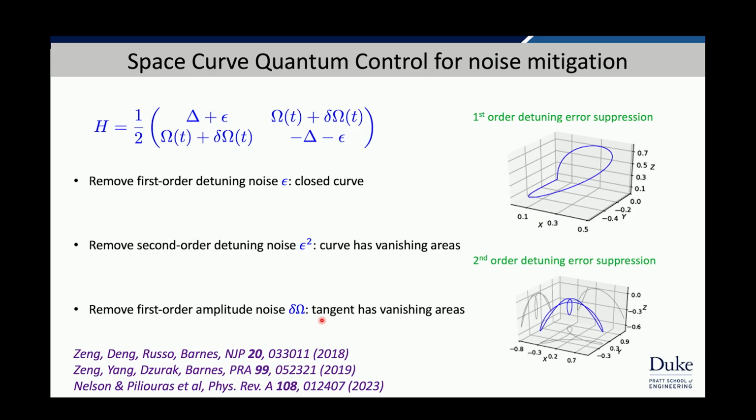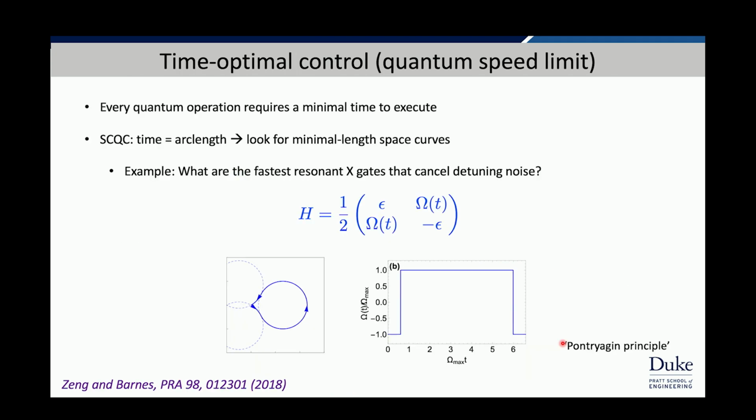And then in this most recent paper, you can also fix the intensity error of the laser by just thinking about the tangent vector to this curve. And if that tangent ends up going to 0, you can also cancel it out. That sometimes forces you to have these higher dimensional suppressions. So you can use this a lot of ways.